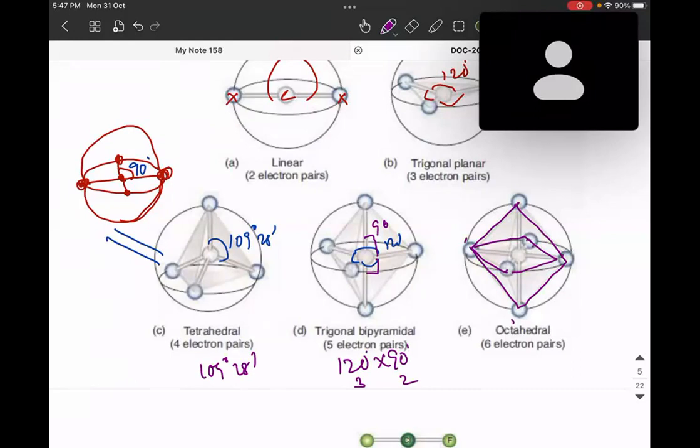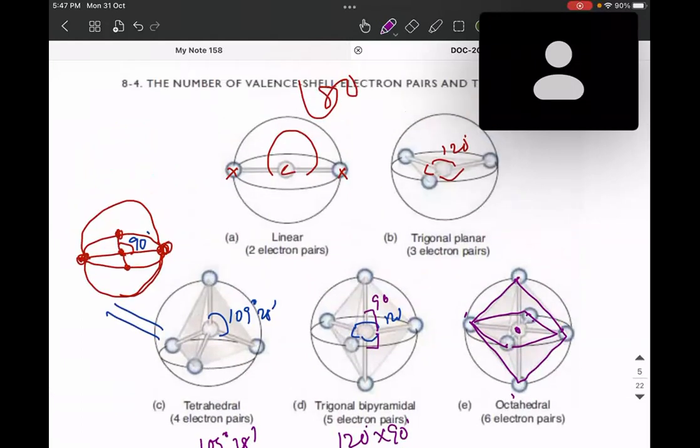If you connect the central atom with all 6 attached atoms, you will get 4 faces at the bottom and 4 faces at the top, totally 8 faces. That's why it's an octahedral shape. Is it clear? So this is the basic idea of how you get linear, triangular, tetrahedral, trigonal bipyramidal or octahedral from the circle.